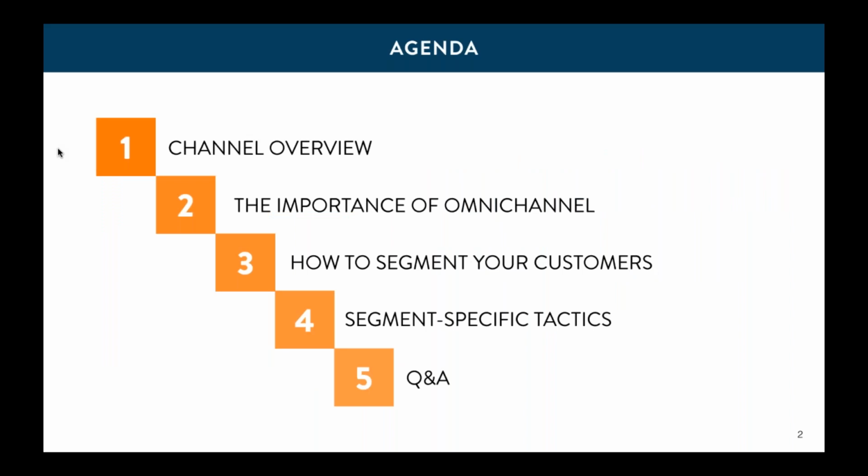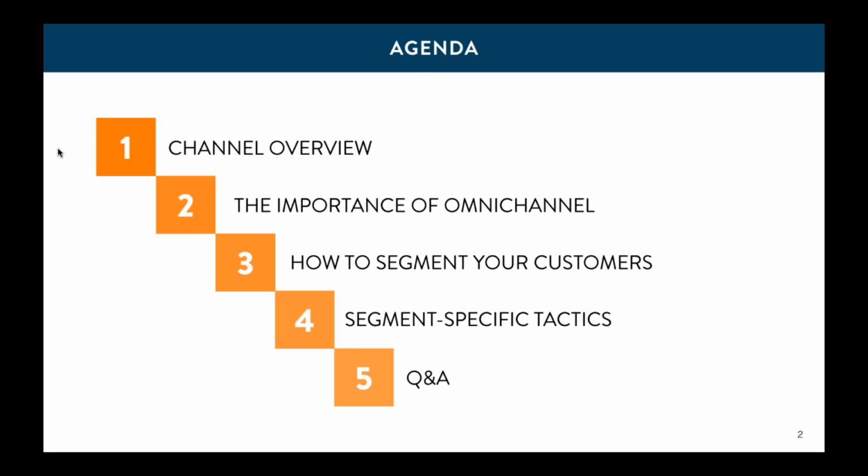Okay, so in terms of today's agenda, first we're going to set some context and give a little more definition to the channels manufacturers and distributors are selling into today. Next, we're going to get into some data around why omni-channel is so important. Then we're going to cover what types of transactions are best suited for each of those channels, like your in-person full service channel, and what's best done through a self-service channel.